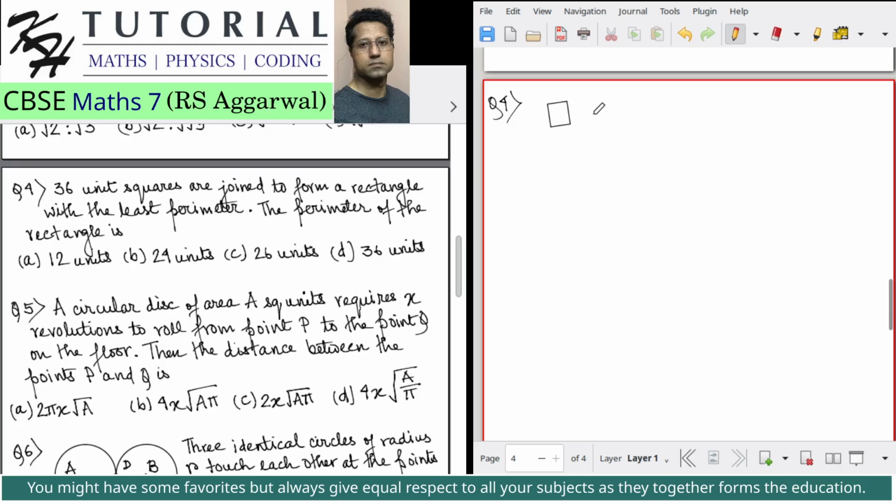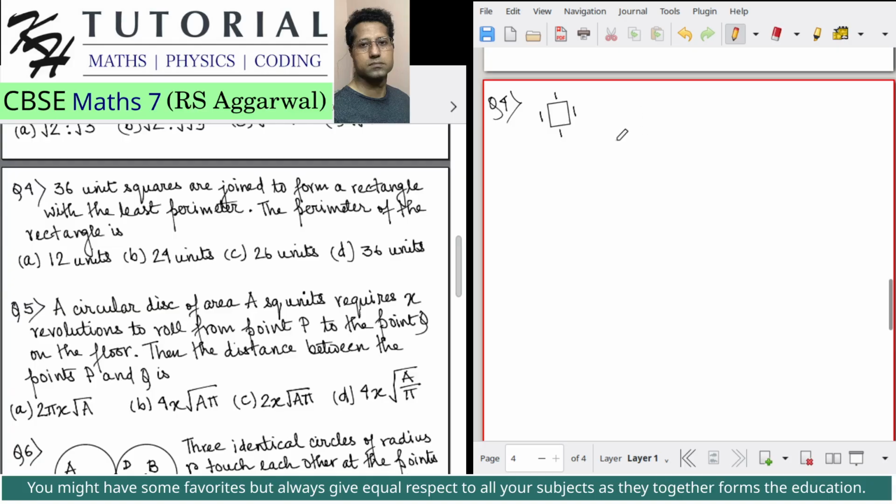Let's say this is a unit square, that is a square of each side 1 unit. So its area will be 1 unit square. So 36 of these unit squares are joined. Now we don't know how many of these squares will be across the length or across the breadth.